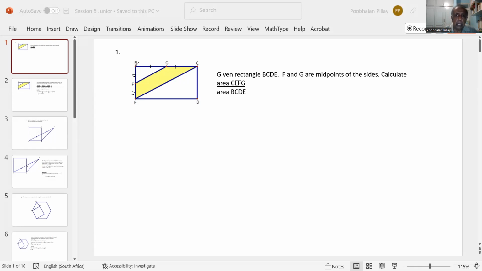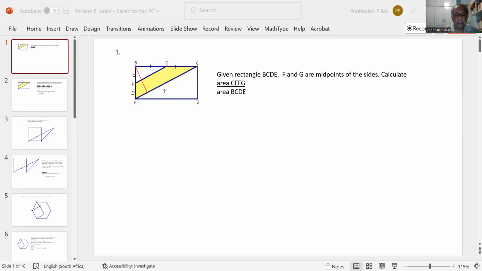But what I'm going to do is draw the height of the triangle from B. From B, I draw a perpendicular height. Right. So that line that I'm drawing is a construction. It's not there in the picture, but I've drawn a new line. It is perpendicular. The line drawn from B is perpendicular to FG.